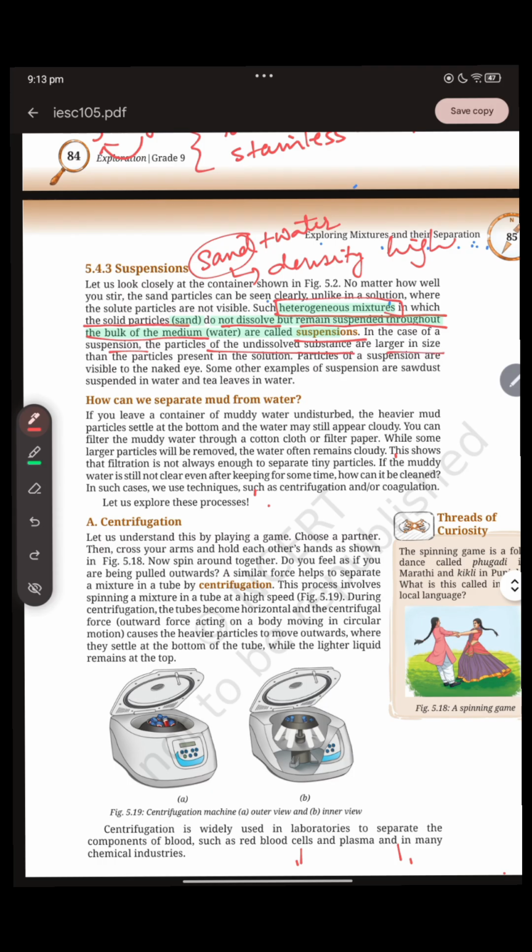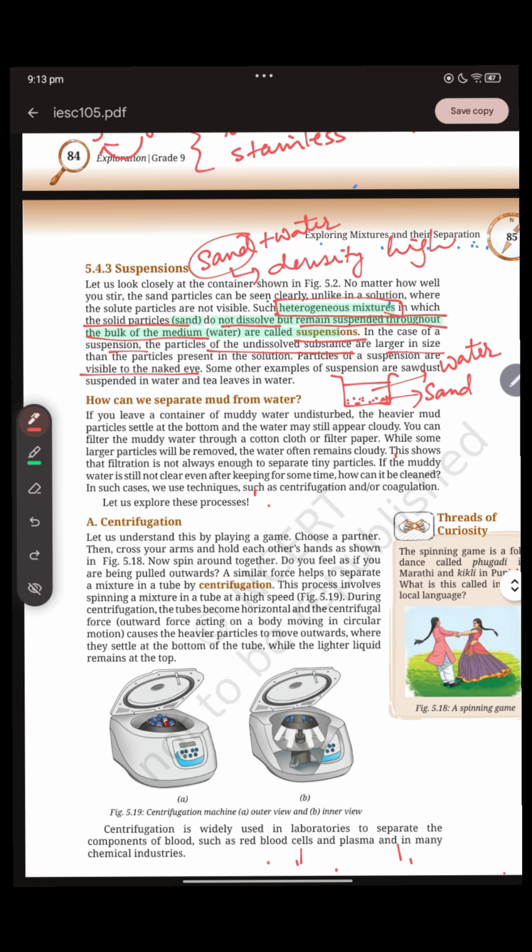They are larger in size, having high density, and they settle at the bottom, and it is very much visible to the naked eye. You can see in the beaker, if it is containing water and sand, you can very nicely recognize that the sand particles have settled down in a solution containing sand and water, which is heterogeneous. It is not mixing. Now, if you allow the sand to settle for a moment, then you can see a separate layer, that is clear liquid at the top, clear water, and sand getting settled.